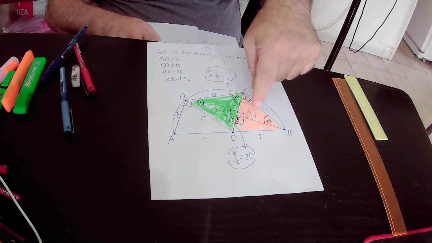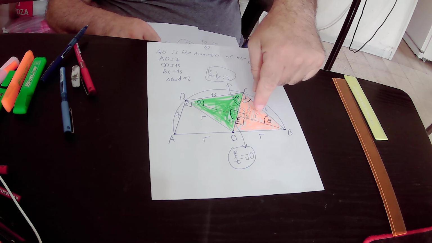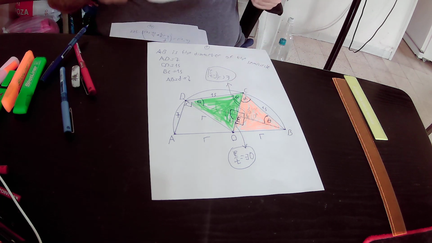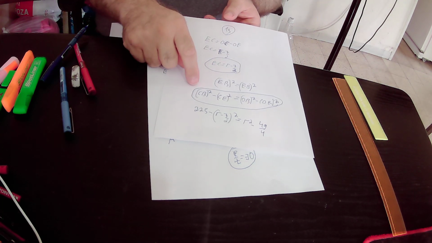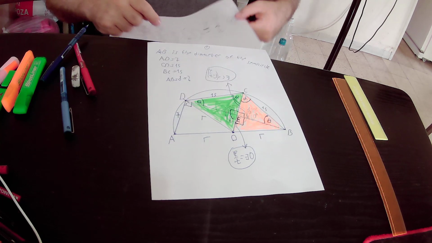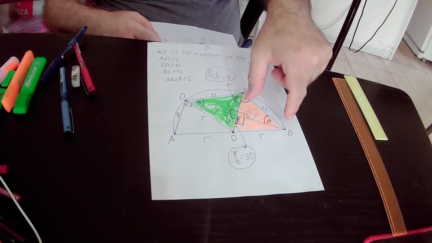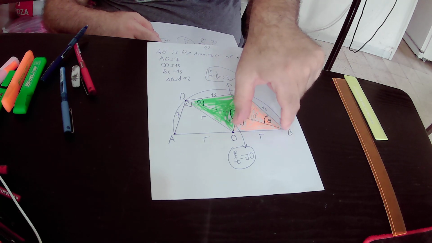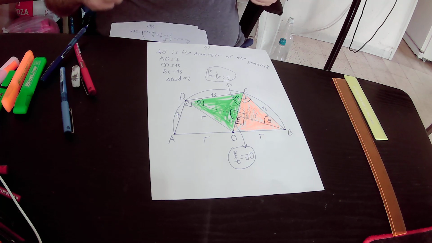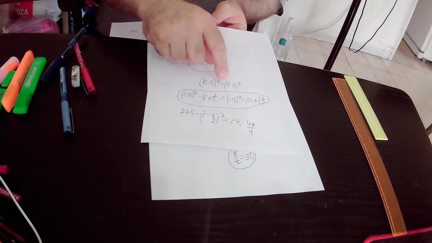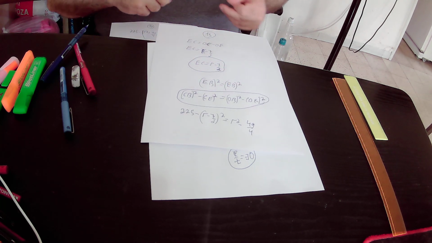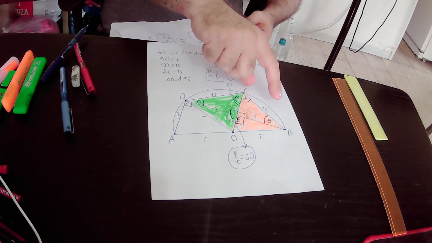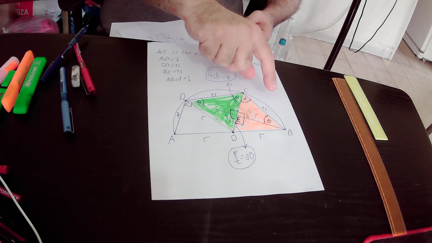EB square relates to this right triangle: EB square equals CB square minus CE square. And the other EB square is related to this right triangle: EB square equals OB square minus OE square. We know that CB equals 15 units, so CB square is 15 squared, this is 225.